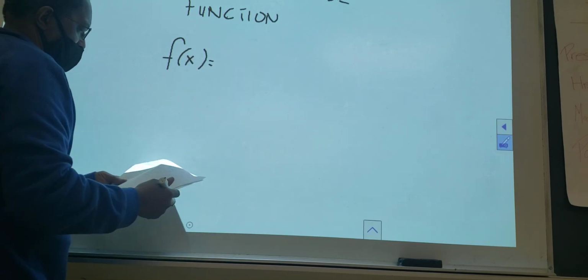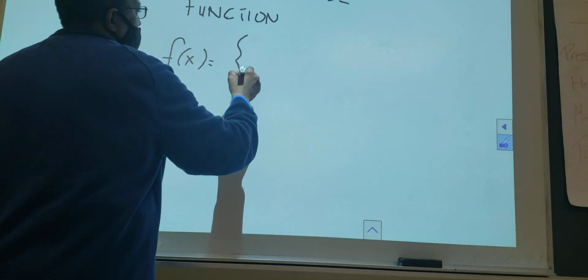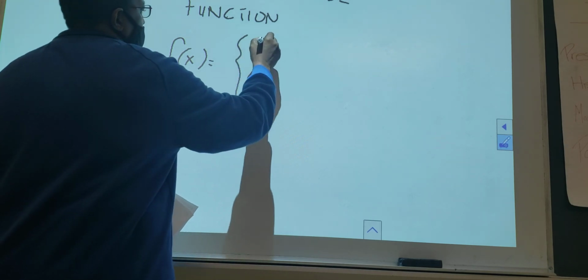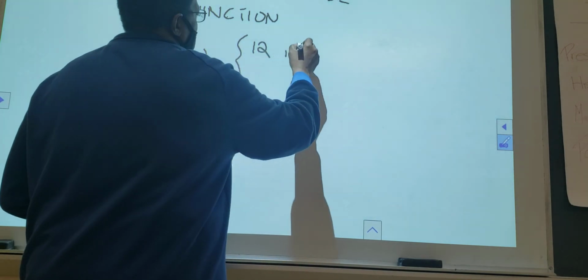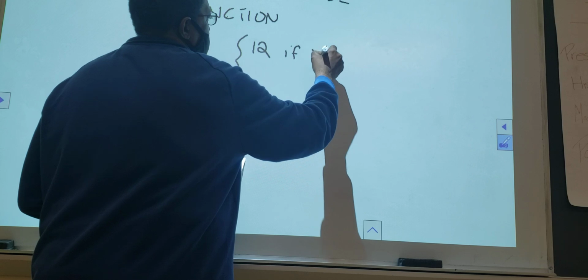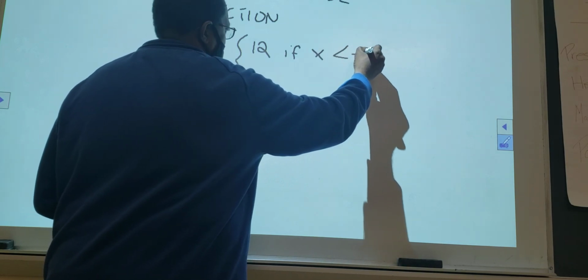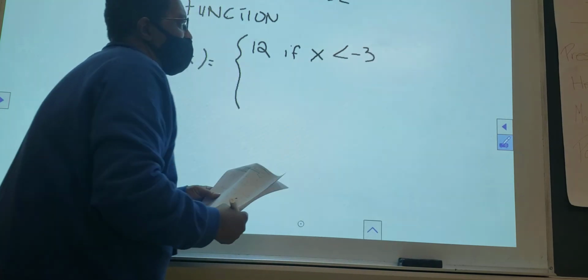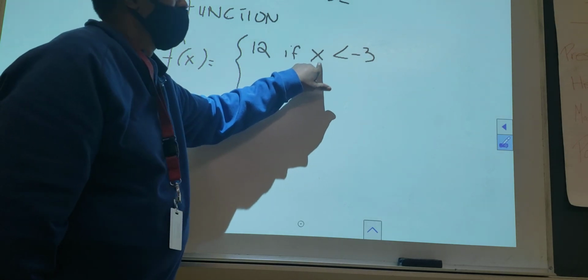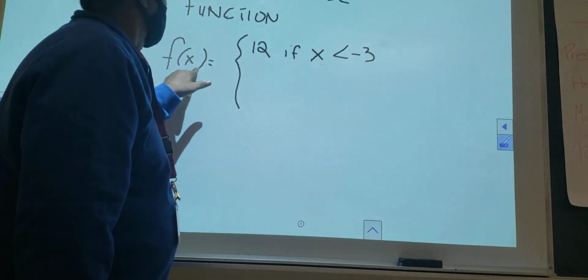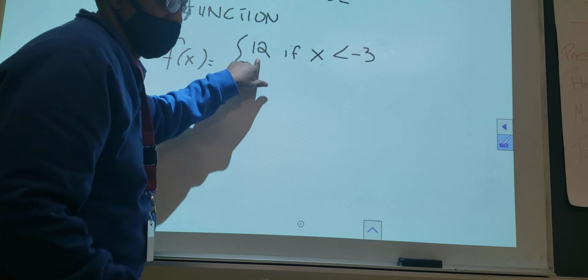This time we have three functions in one. We have f of x equal to 12 if x is less than minus 3. So if and only if whatever x is, if it's less than minus 3, then this is the function, f of x equals 12.